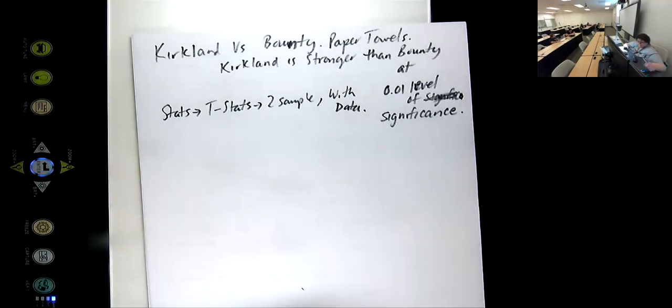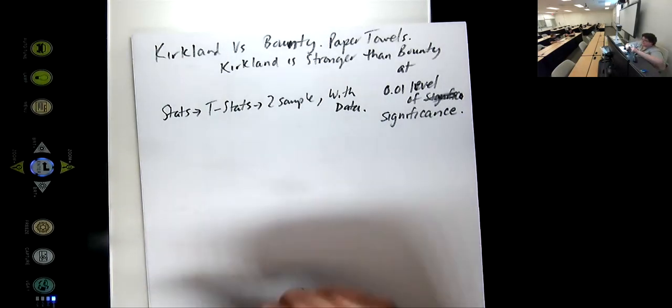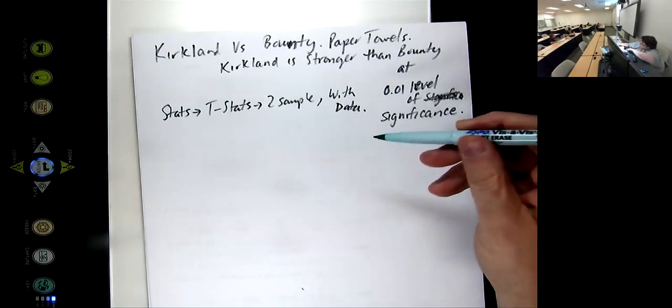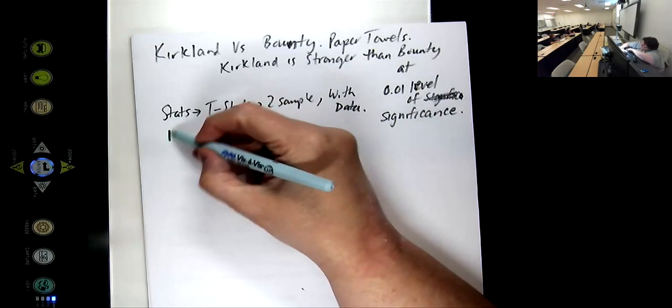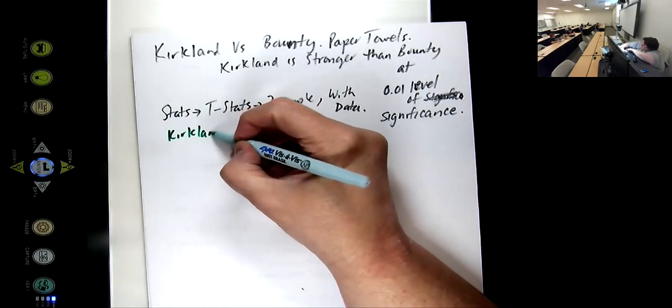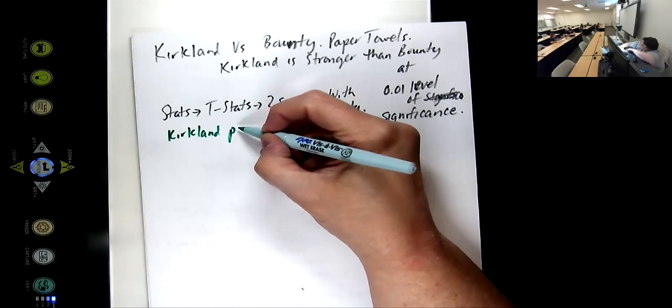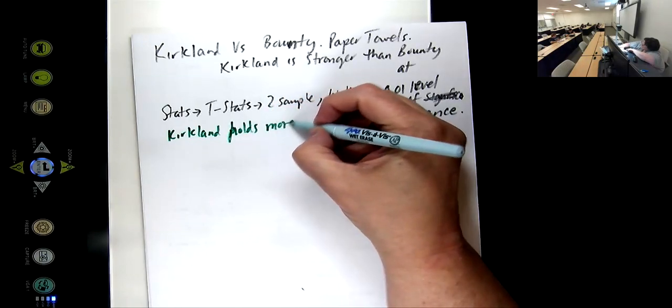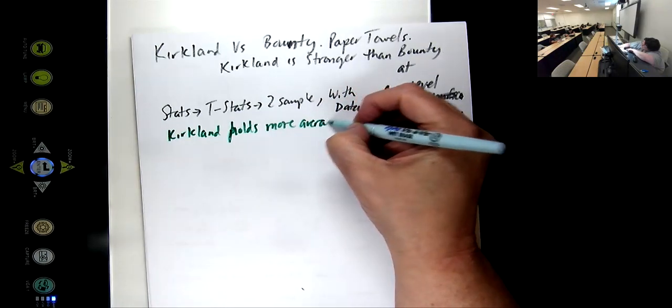The way they tested it was by stacking pennies. So Kirkland being stronger than Bounty means Kirkland held more pennies than Bounty. That's their claim. Kirkland holds more pennies, or average pennies, I'll say.